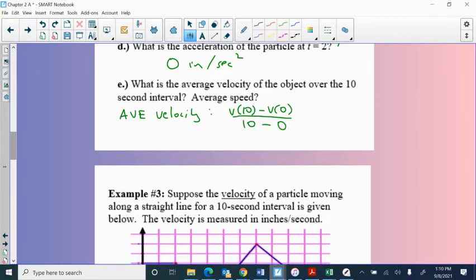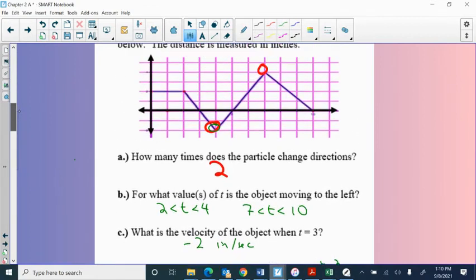Okay, and then what was the velocity at 10? Well, assuming that they kept going. Someone help him out.